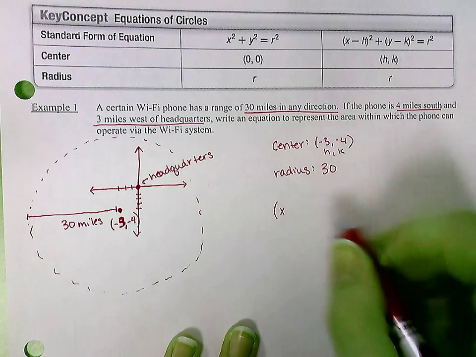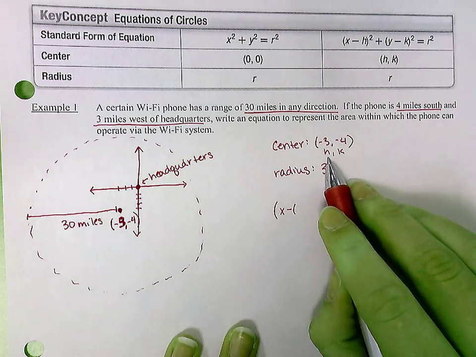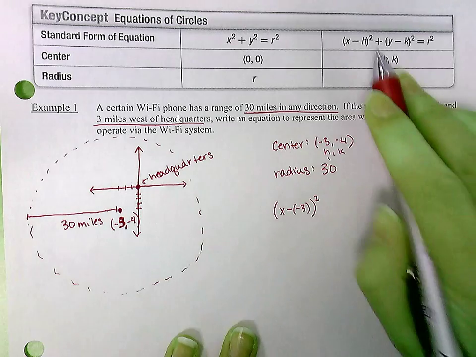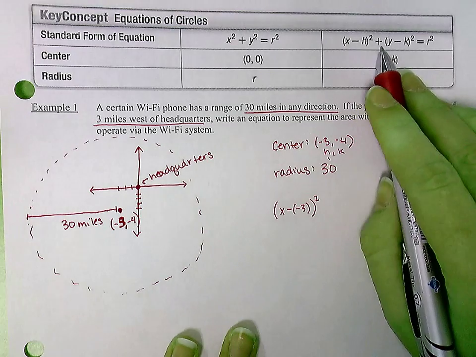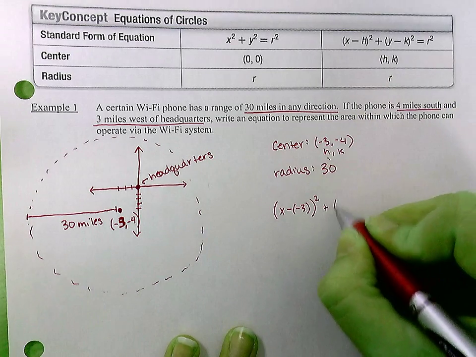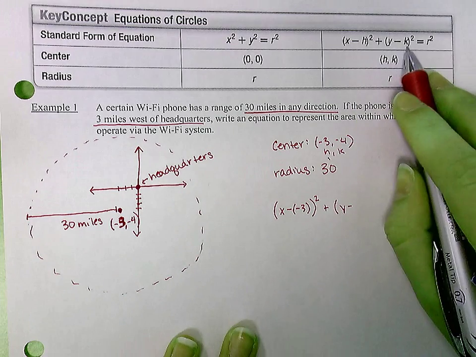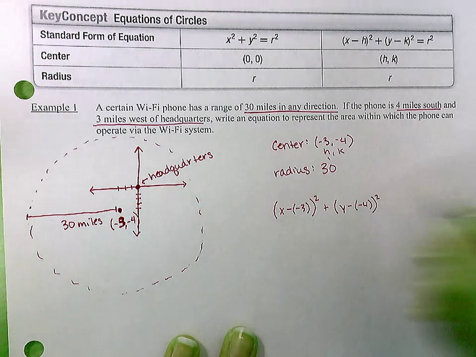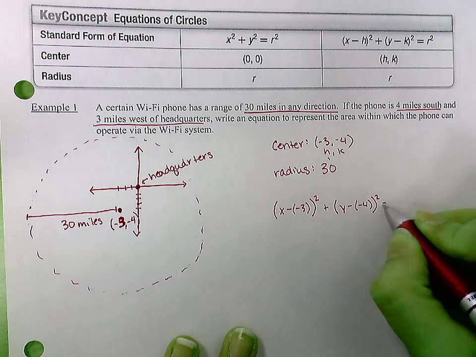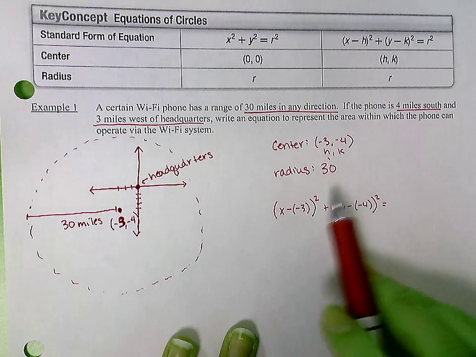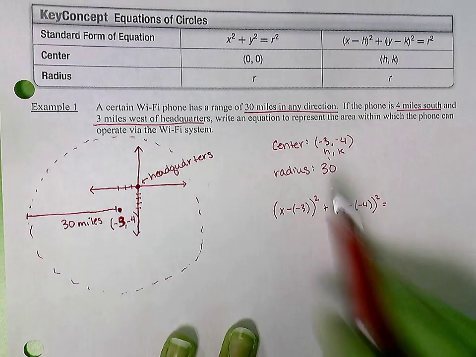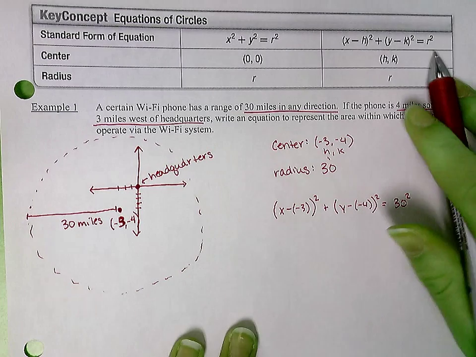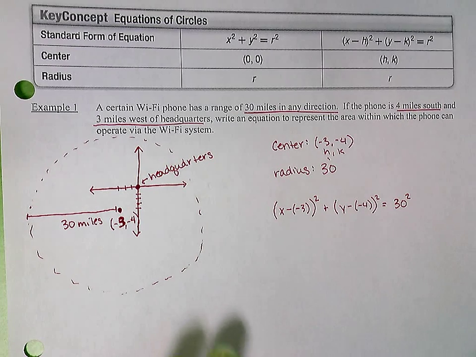So I'll have x minus h, h is -3, that quantity is squared, plus y minus k, k is -4, that quantity is squared. That's equal to our radius, 30, squared. Don't forget to square your radius.